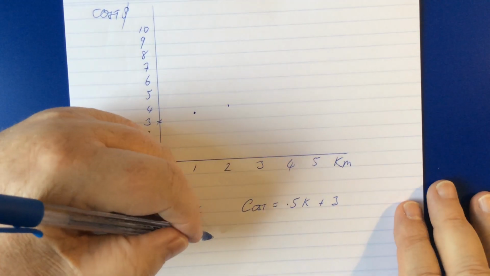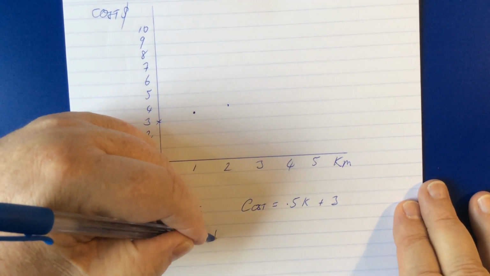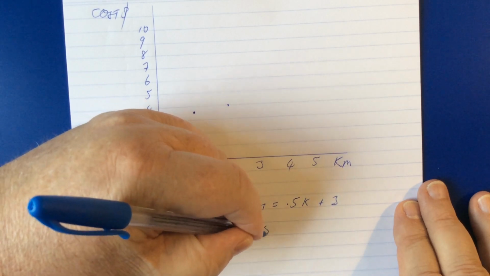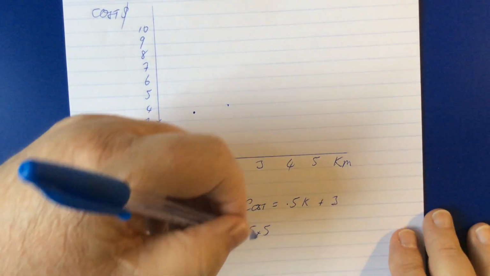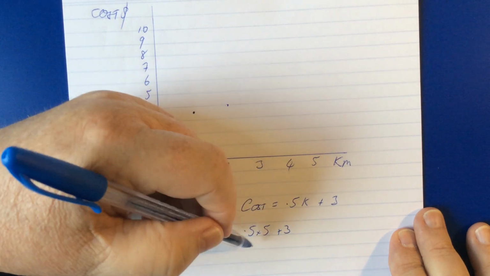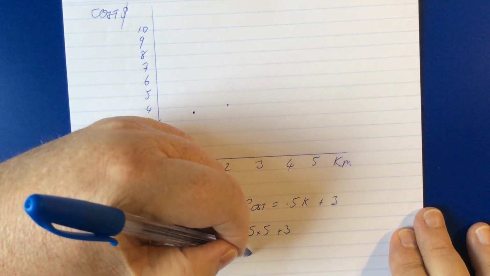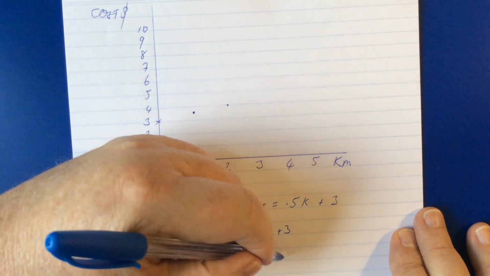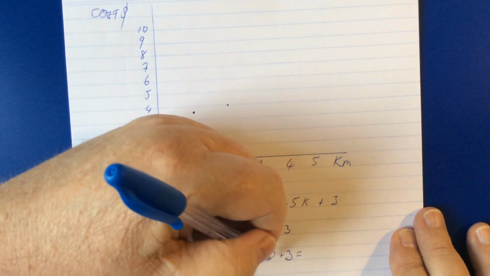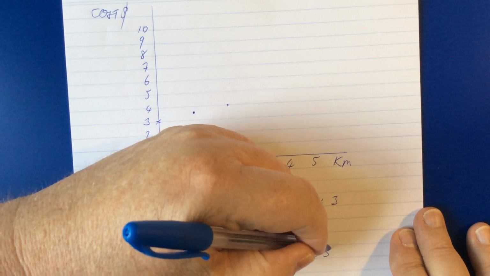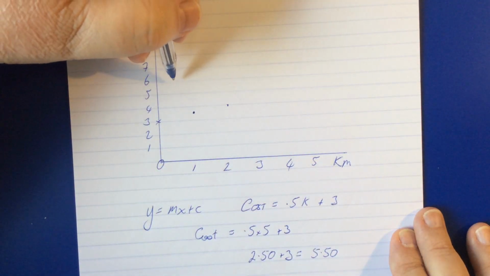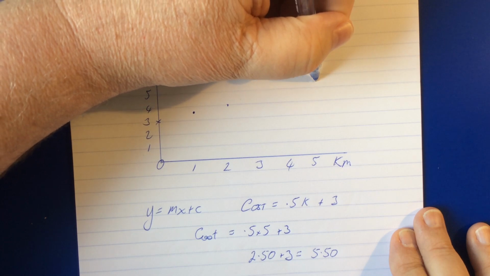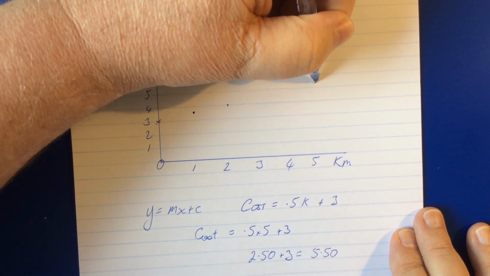So I'll write this in. Cost, which is sometimes just written as C, is equal to 0.5 times 5, that's the 5 kilometres, plus 3. Now 0.5 times 5 is $2.50, so that's 5 lots of 50 cents plus 3, which gives us $5.50. So $5.50 on here will be at this point here.